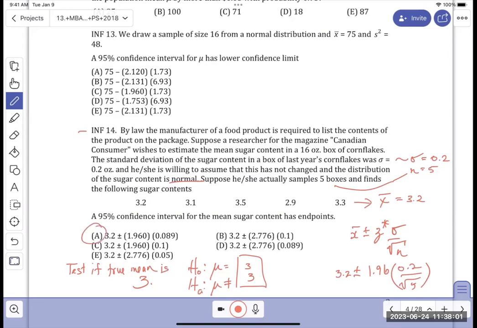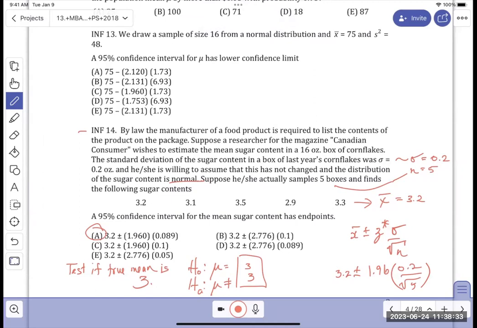All right, so now is 3 in that interval? So you have to expand the interval. So I'll just show you how I would do that quickly with the calculator.